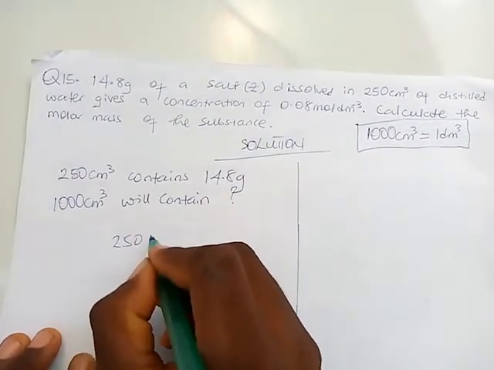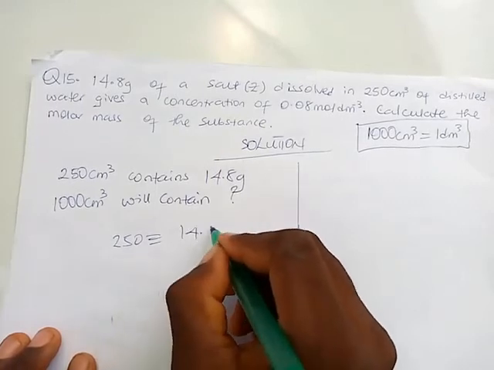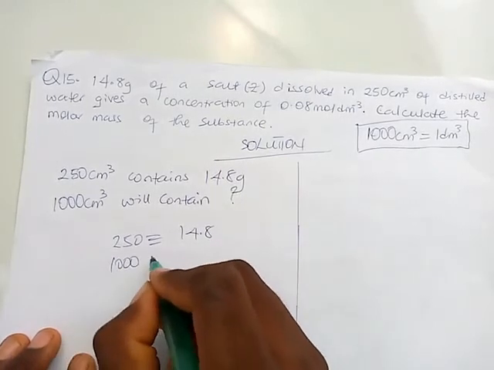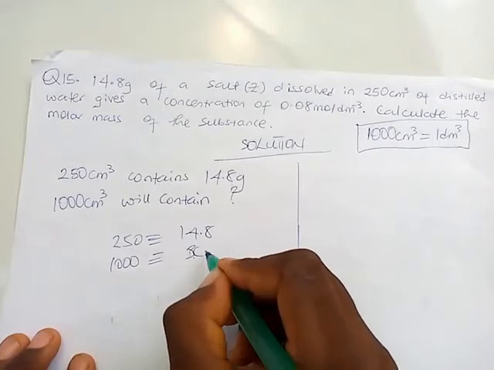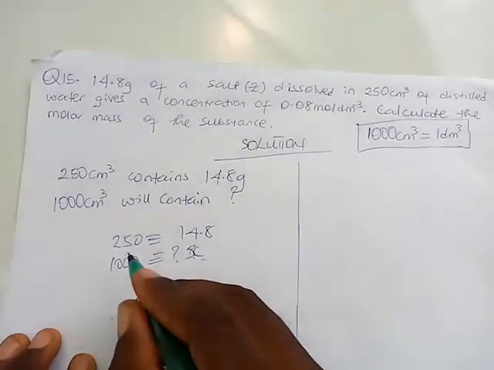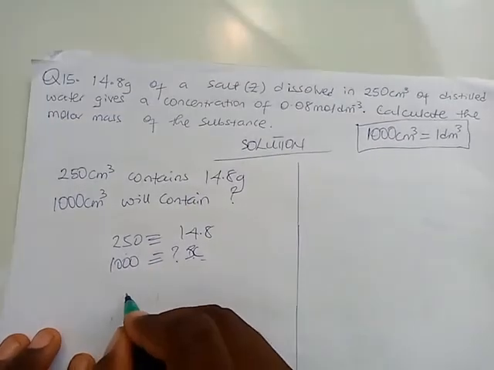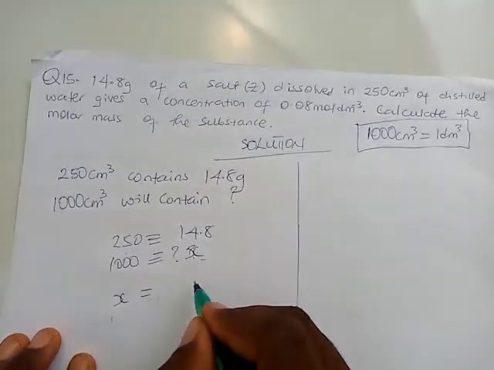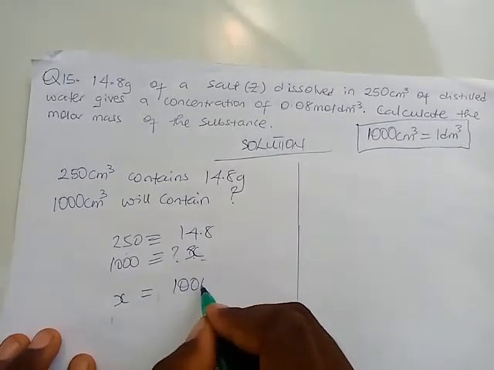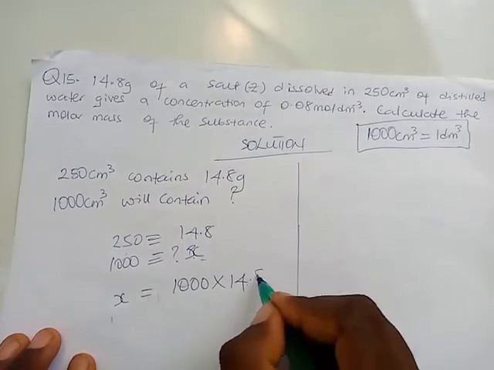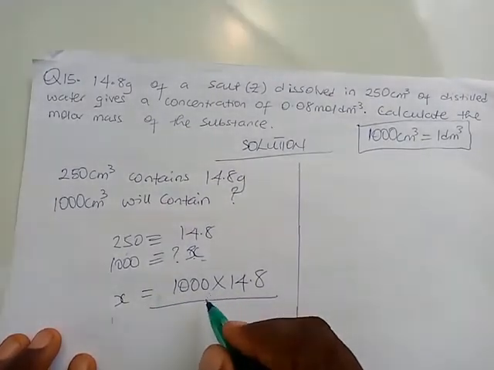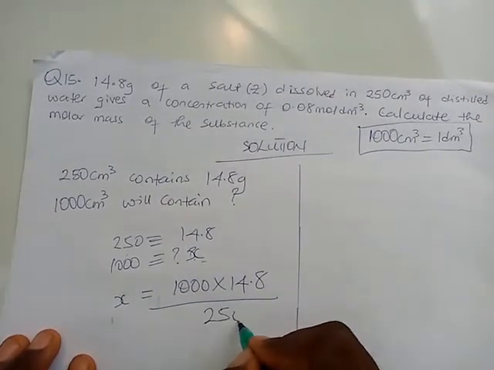I usually say 250 is equivalent to 14.8. 1000 is equivalent to the unknown. So here we have that the unknown x is equal to 1000 times 14.8 all over 250.